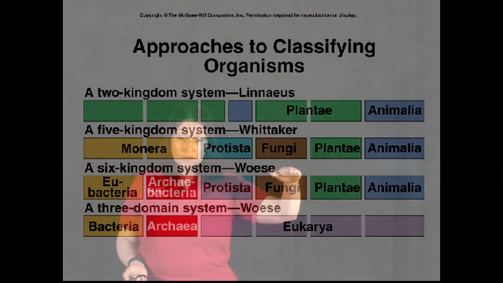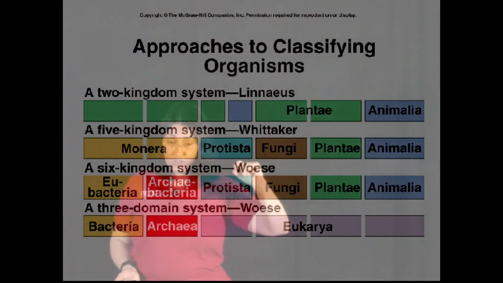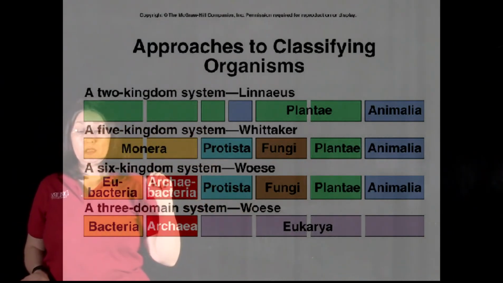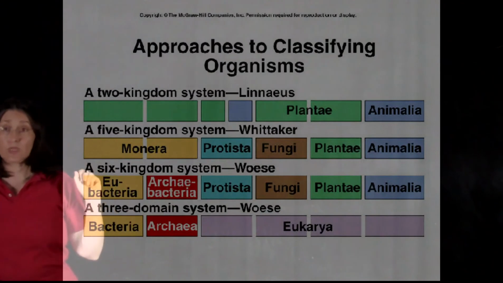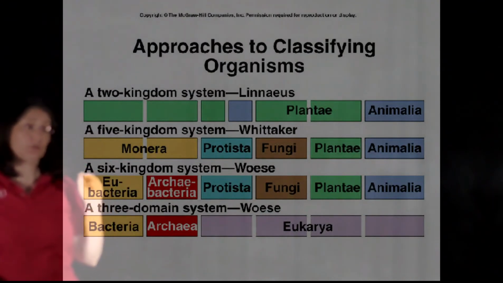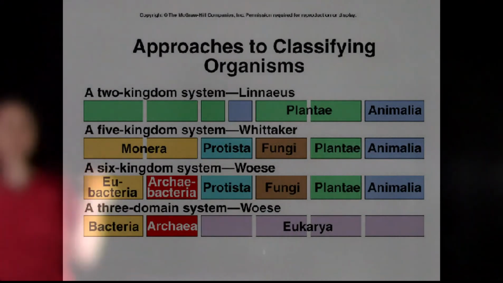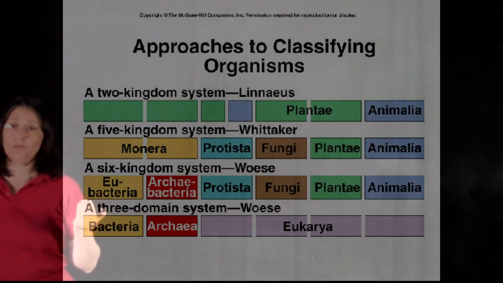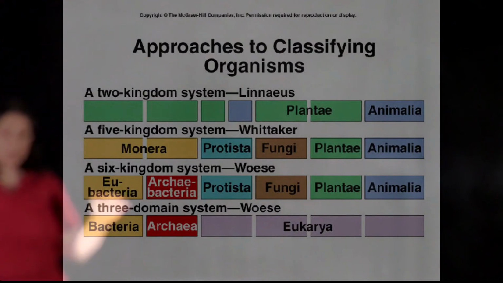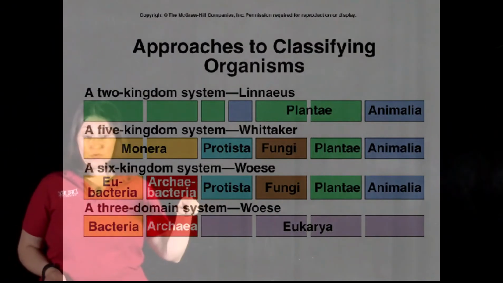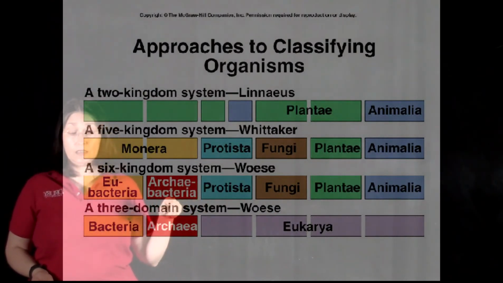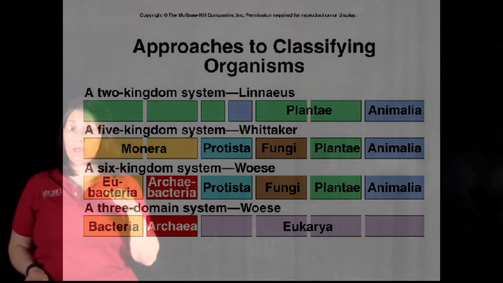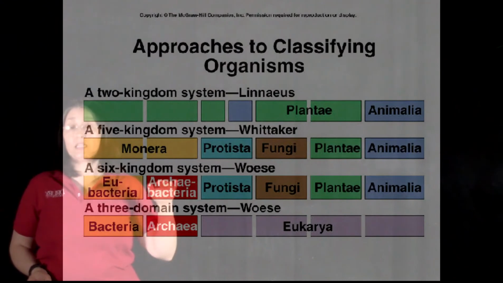So sometime in the middle of the 20th century, this group was discovered, Archaeobacteria, in scums around the hot springs and hot vents of Yellowstone. When they were viewed under the microscope, they looked very similar to bacteria, and that's why they are called archaeobacteria.